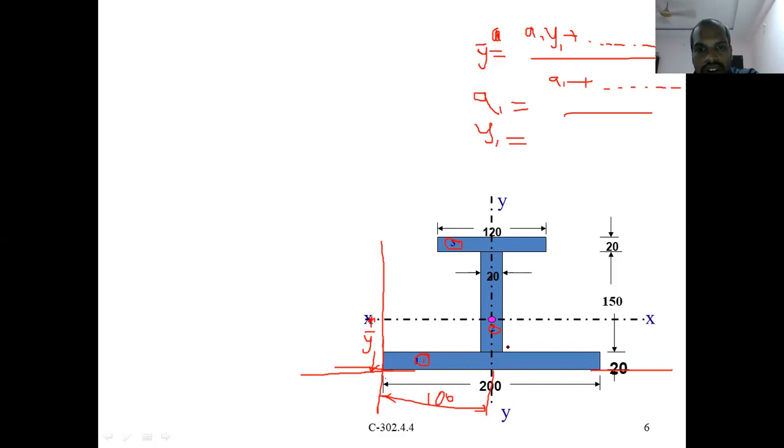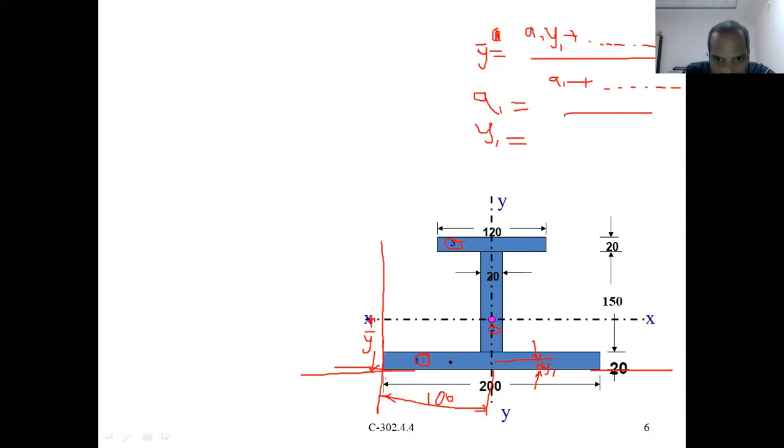Now let us see what is Y1. Y1 is nothing but the centroid of figure 1 from the reference axis, the distance of the centroidal axis from the reference axis. So Y1 is equal to what? This is A1.